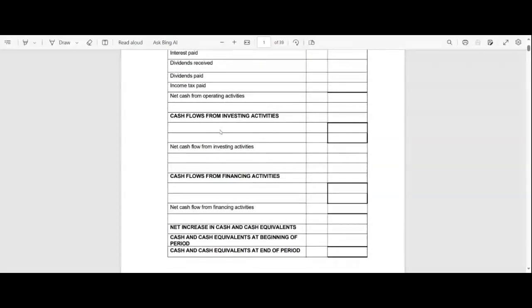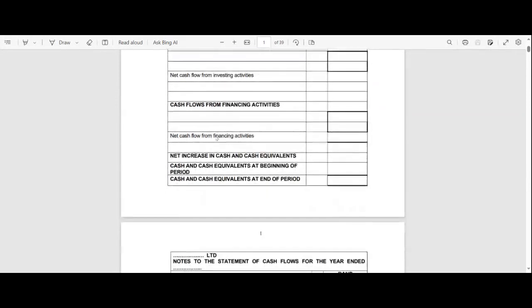Then our second section, ladies and gentlemen, deals with investing activities, right? So you can call your heading cash flows from investing activities or cash effects of investing activities. So that is our second major section. Then we've got a third major section, and that is cash flows from, or cash effects of, financing activities.